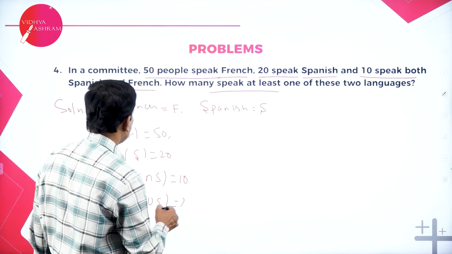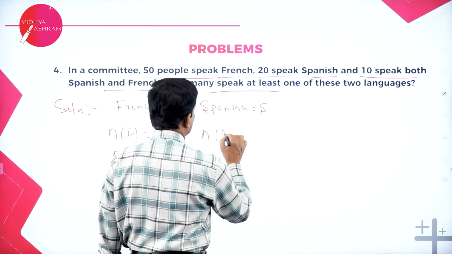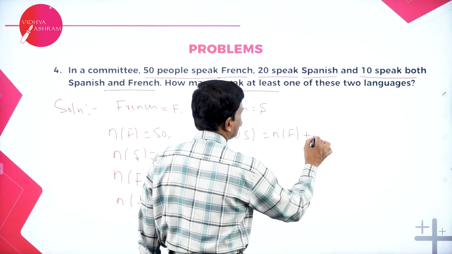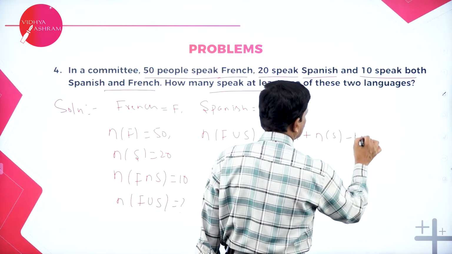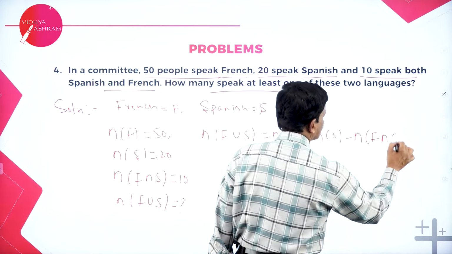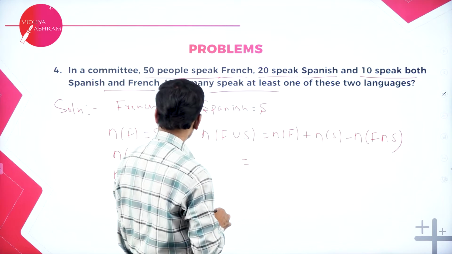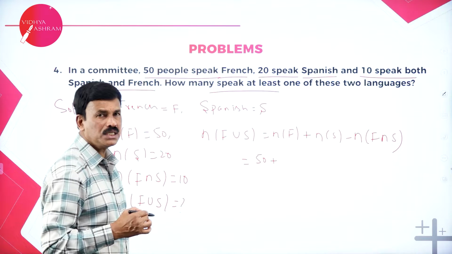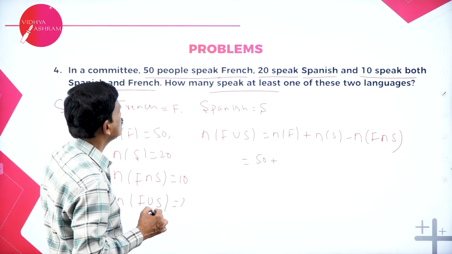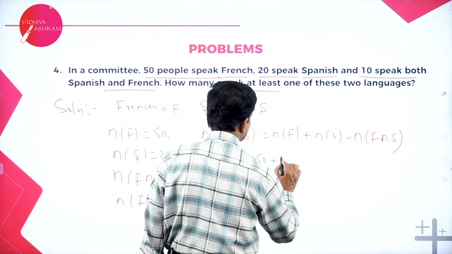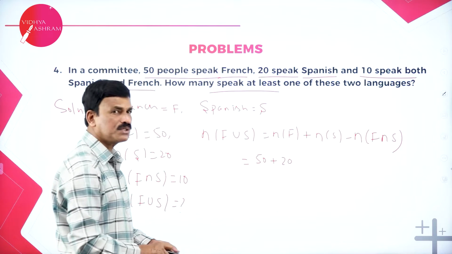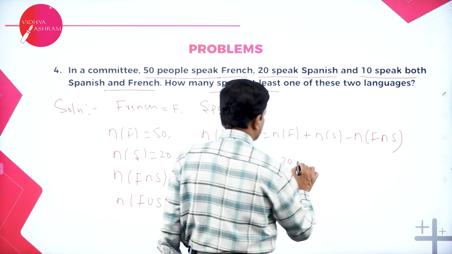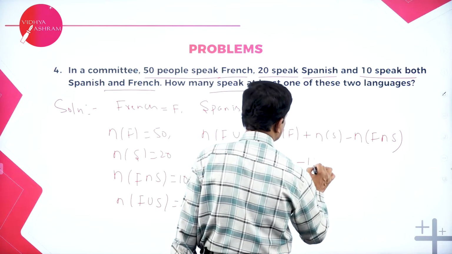Okay. Now, what is the formula? We know that n(F ∪ S) = n(F) + n(S) − n(F ∩ S). So this is equal to n(F) is 50, the number of people who speak Spanish is 20, minus the intersection, which is 10.